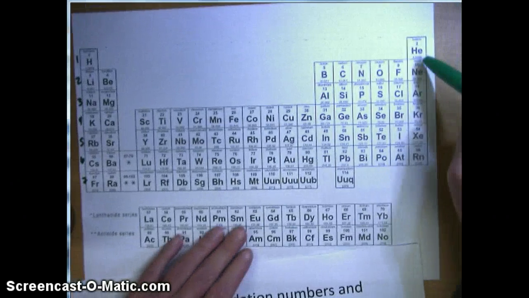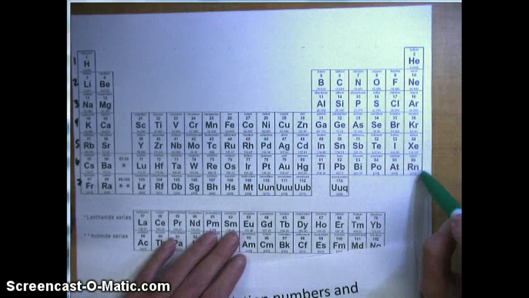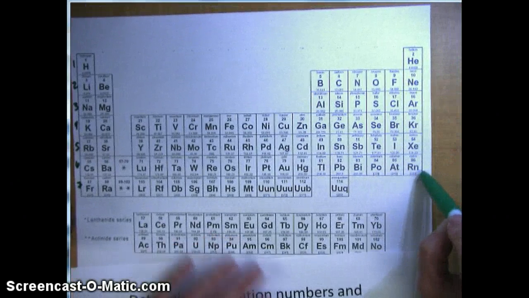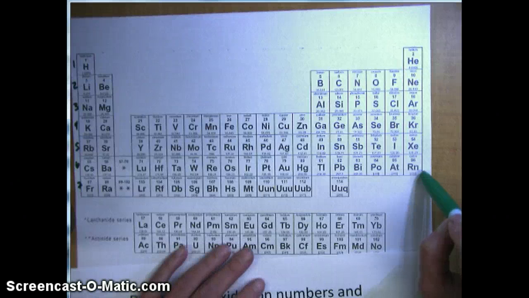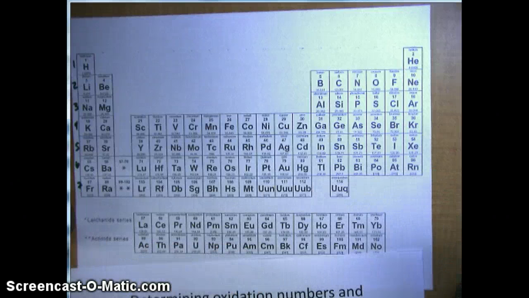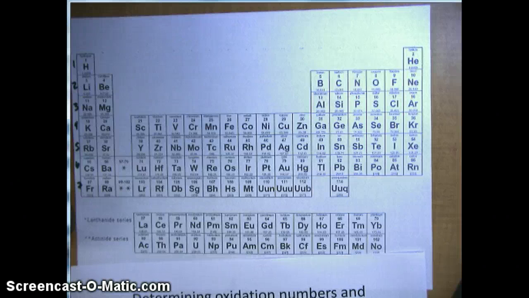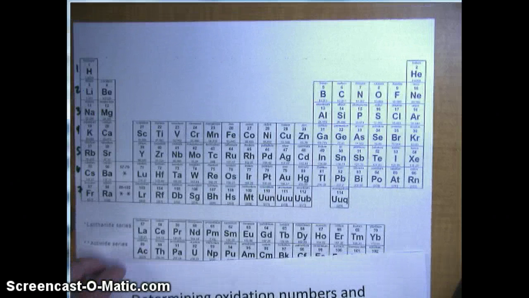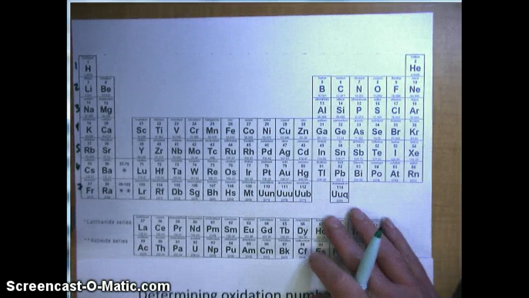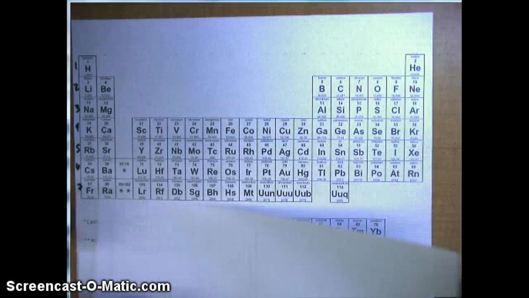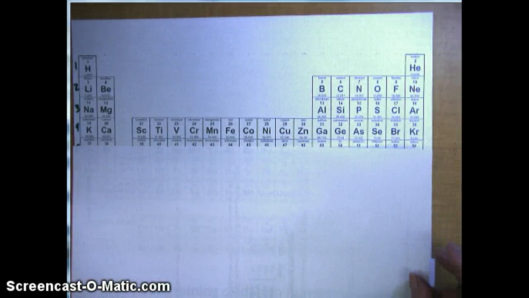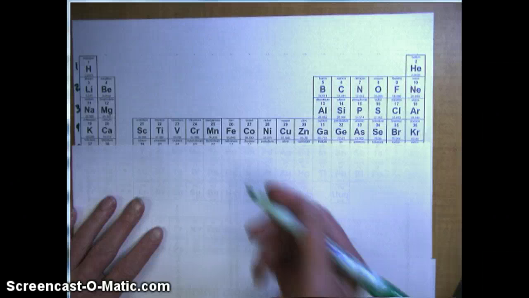Now we talked about noble gases. They're noble because they have full valence shells. They have 8 outer electrons. So if we wanted to figure out the oxidation number and resulting ion for sodium, which is our first one, let's look at the Bohr model to get an idea of what it might look like visually.